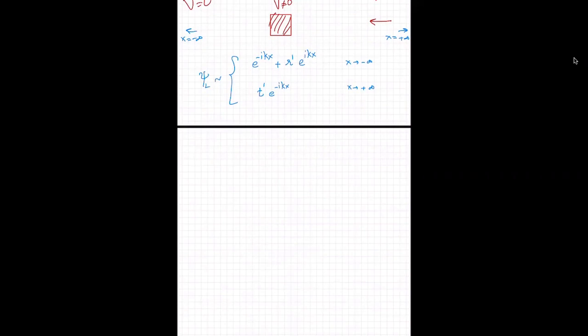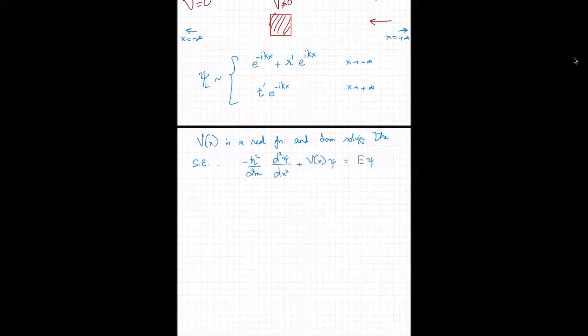So this is important. I am solving the Schrodinger equation: minus h bar squared over 2m d squared psi dx squared plus V of x psi equals E psi, right?